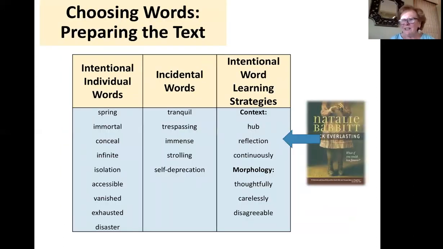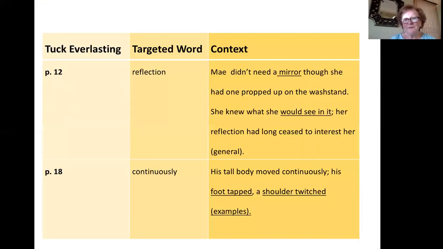And when I developed those words for both incidental and intentional word learning strategies, I intentionally identified those words from the text itself up front. And then these are just two examples. Not all words are created equal.